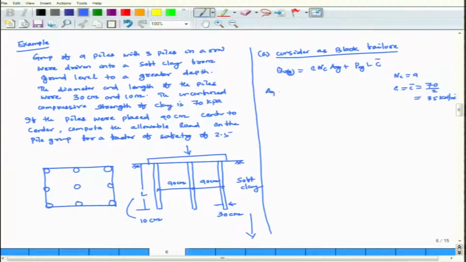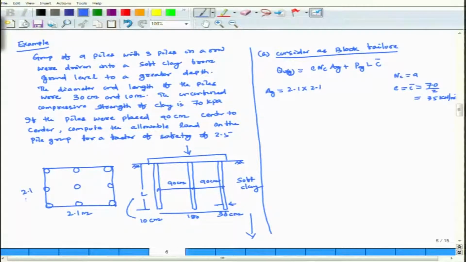Area of group AG is equal to 2.1 into 2.1. How is it coming 2.1 and 2.1? 90 plus 90, 180, plus 15 plus 15, 30, since diameter is 30 centimeter. So, it will be 2.1 meter and 2.1 meter.